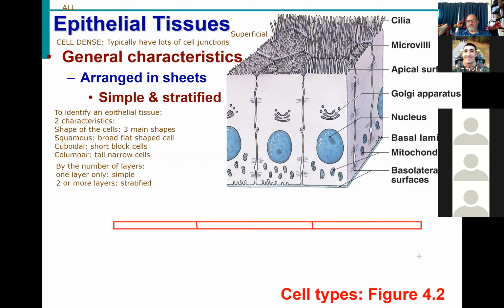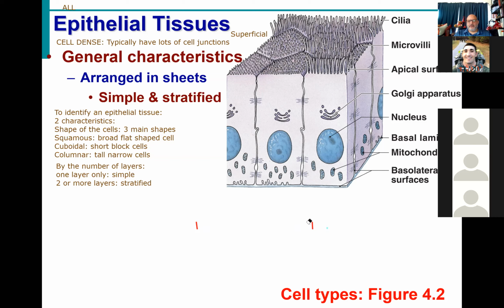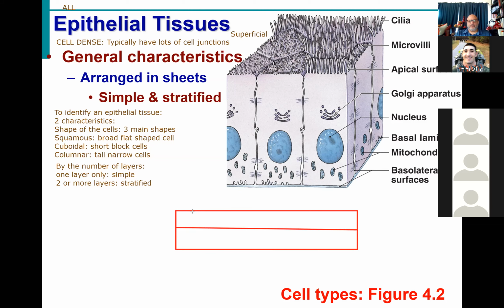If conversely, I had a tissue that was made up of two layers of block-shaped cells, what would you call this tissue?